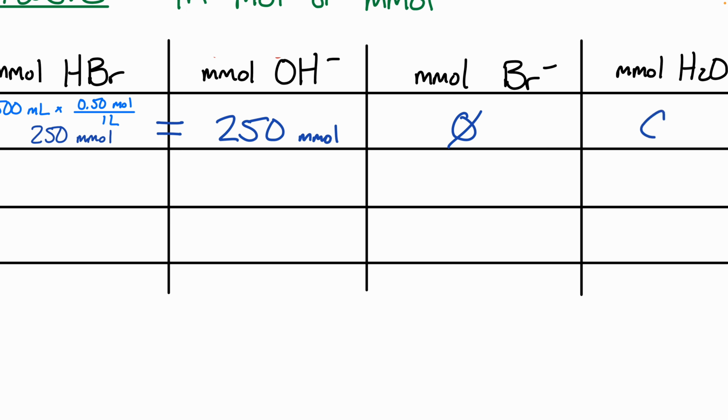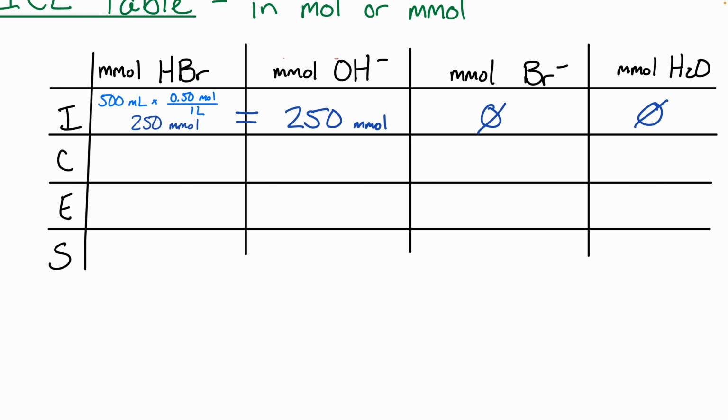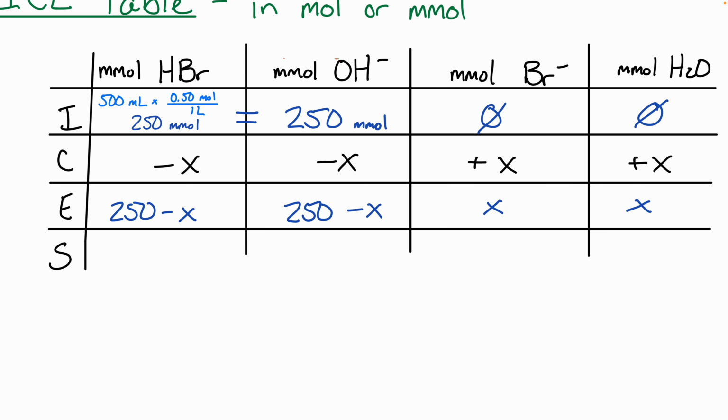Don't have any bromide or any water. Our reactants decrease, our products increase. All right, so when we sum these up, we get 250 minus x, 250 minus x, x and x.